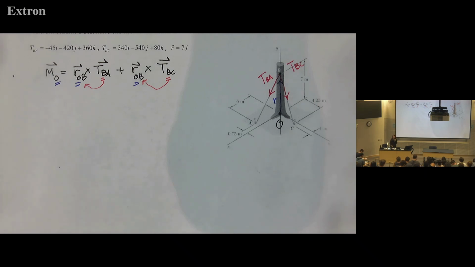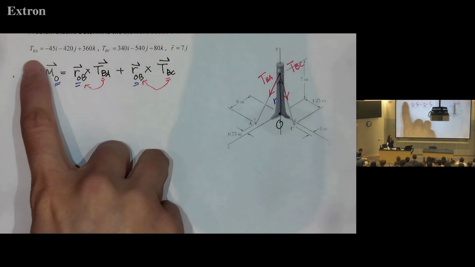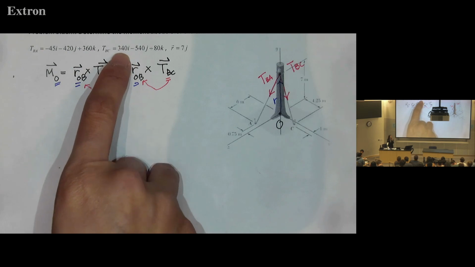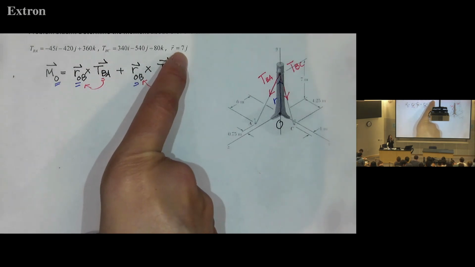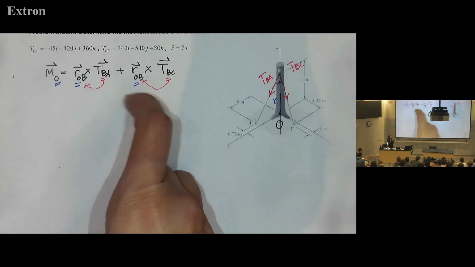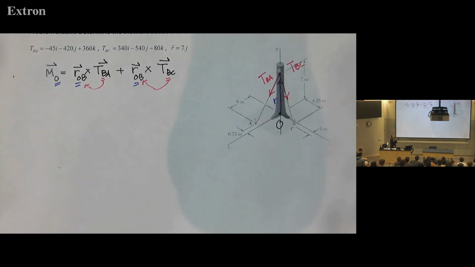Now in the problem, TBA is given, TBC is given, and ROB is also given, so we can plug in and calculate. But we see this ROB is repeated here. Can we use some of the properties of the cross product? Yes, it distributes.